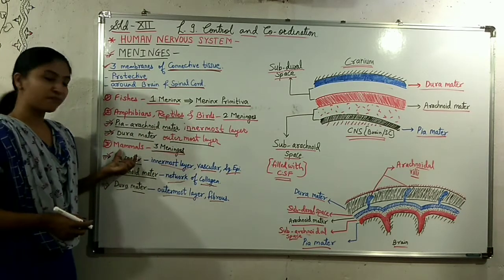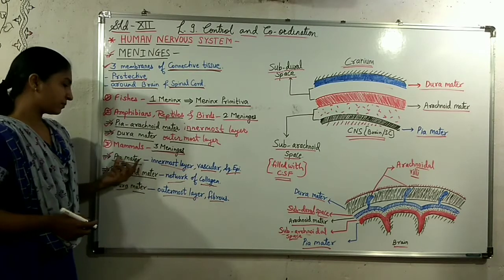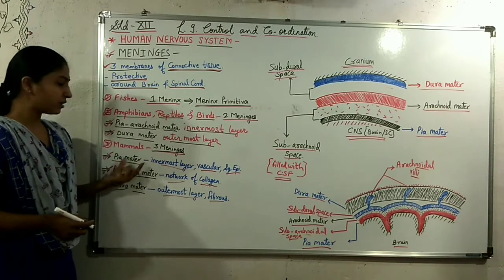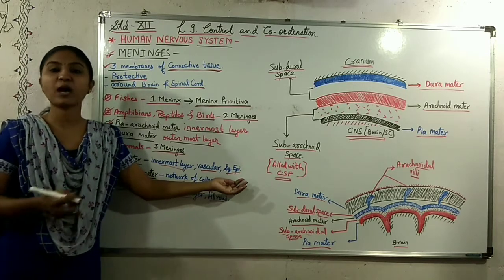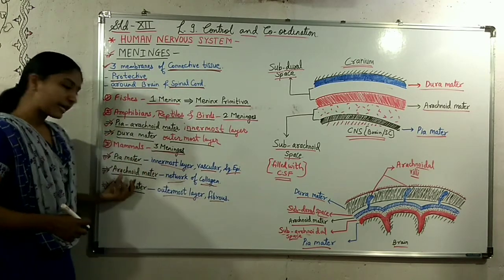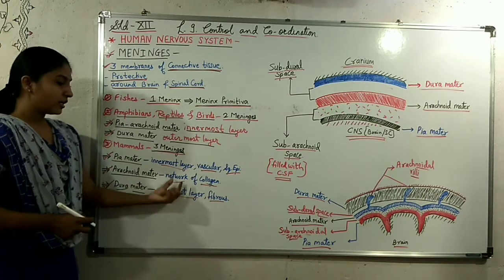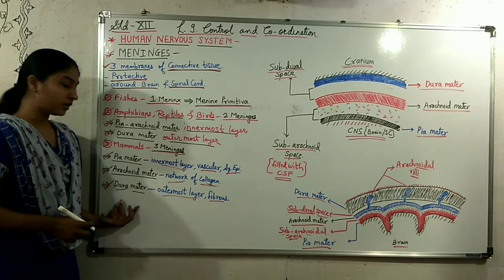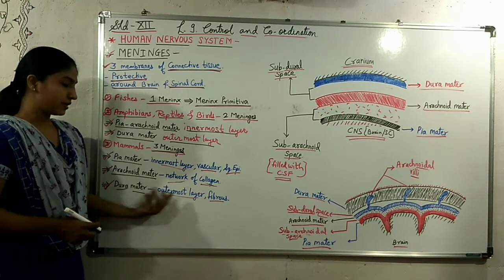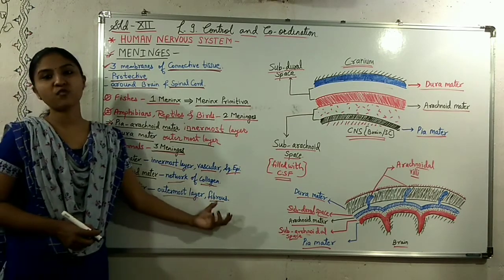Whereas in mammals, there are three meninges. First is the pia mater, the innermost layer, vascular and made up of squamous epithelium. The second is arachnoid mater, a network of collagen. The third is the Dura Mater, the outermost layer, and it is fibrous.